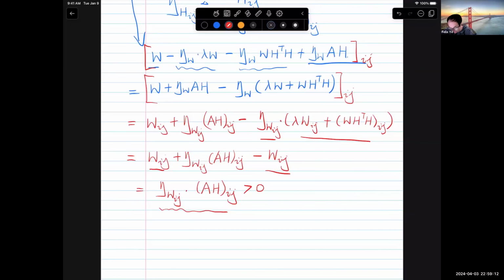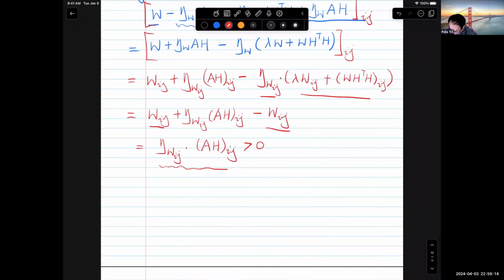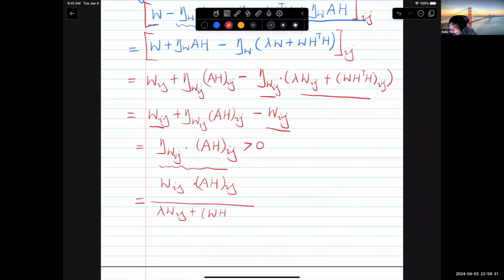Okay, and this is very good, and we can actually write it up. So this is W_ij times (A H^T)_ij, divided by (lambda W_ij plus (W H H^T)_ij).